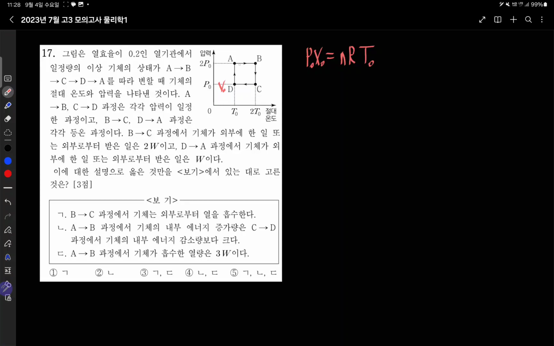In such case, in state A, when pressure doubles, volume is half. So at the constant temperature, the volume of A is 1/2 of V0.